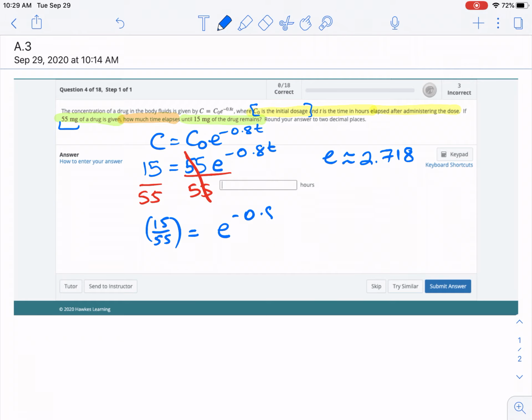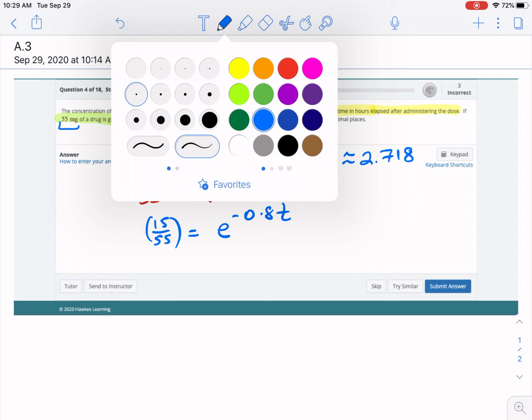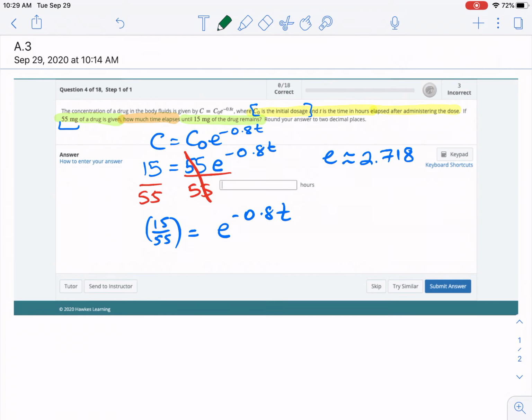And then what we're going to do is take the natural log of both sides, so ln, which is natural log. You'll find that button on every scientific calculator.